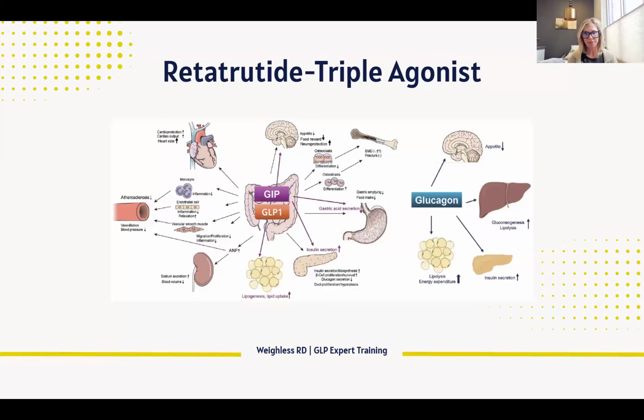So again, even more synergistic than tirzepatide. This area of medicine is ever evolving. There's probably over 30 different medications right now in the pipeline. And again, we talk about this in, I think, a bonus presentation, but just know that this is likely to be the next one that hits the market.